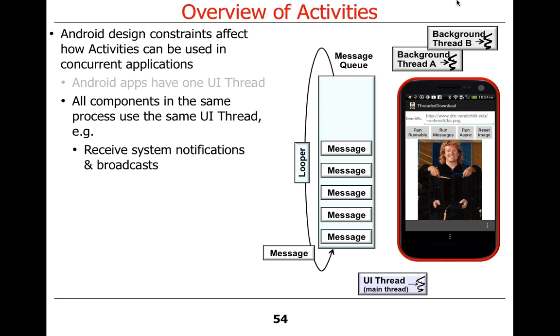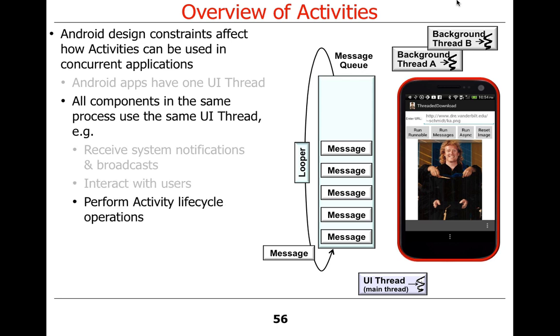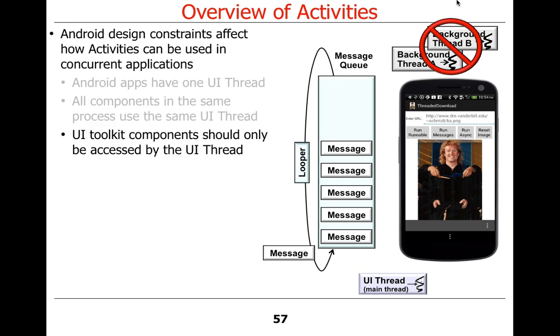And this thread is used to receive system notifications and broadcasts. If you're a broadcast receiver, it interacts with the users. It performs all those lifecycle operations we just looked at. So onStart, onStop, onPause, onResume, those are all callbacks done in the context of the user interface thread.